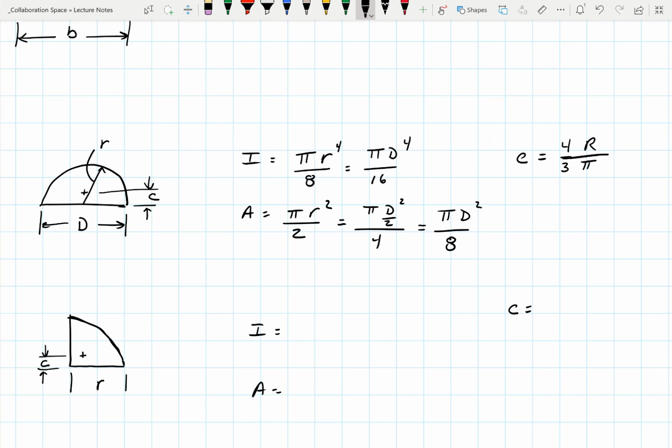And then it's the radius, like I thought. A quarter circle could be that height, but it's going to shift to the right or left, depending which way it is, to give you the C for the quarter circle.